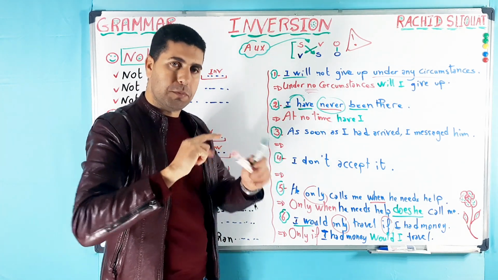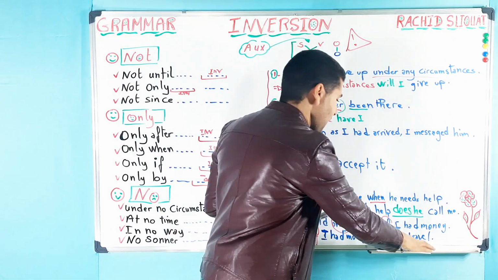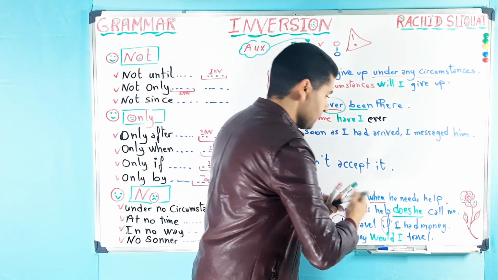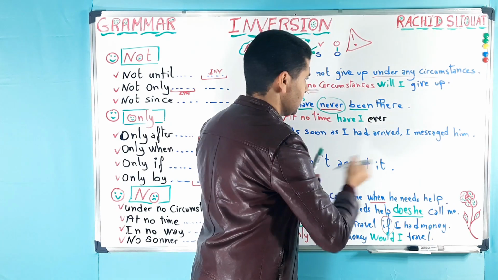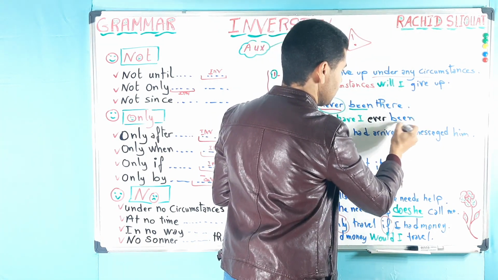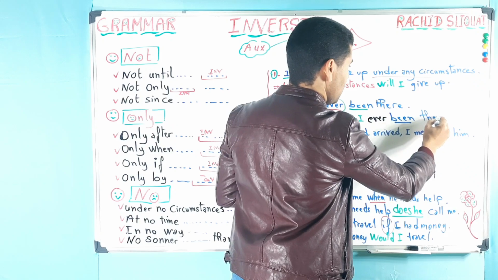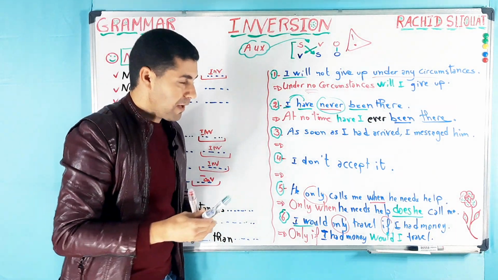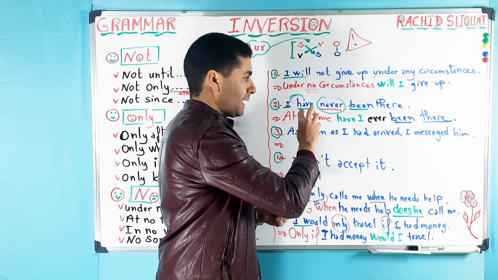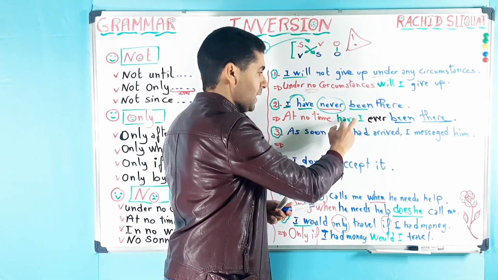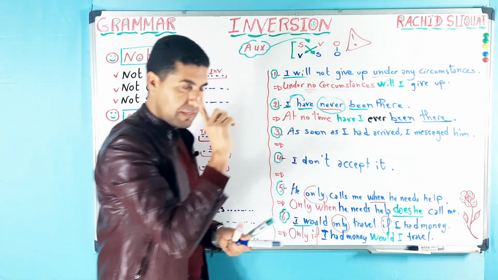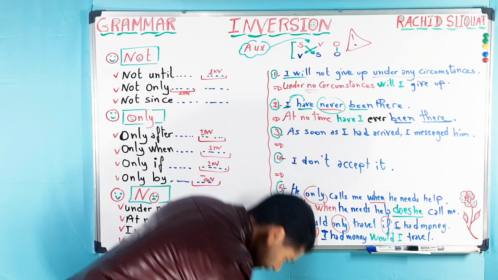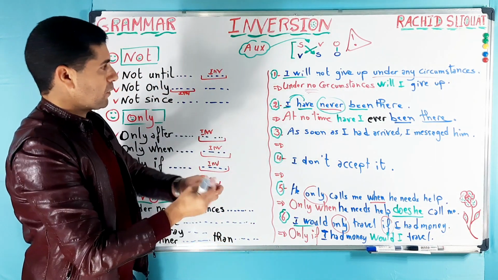The opposite of never is very simply ever. So: at no time have I ever been there. As you can see, negative, positive, inversion of auxiliary and subject.